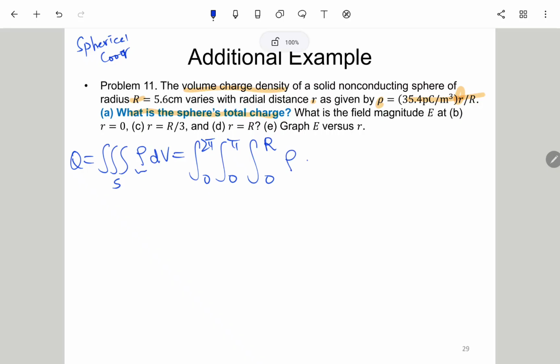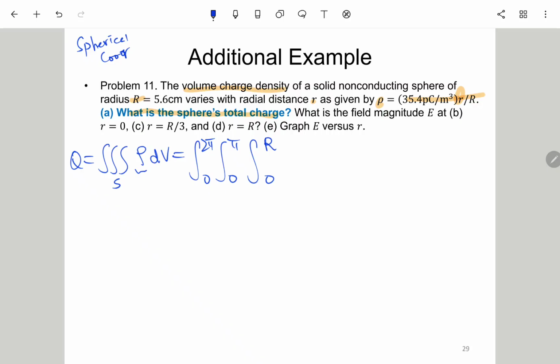Then we put the rho here. You may ask what it means. Let's put all this in.